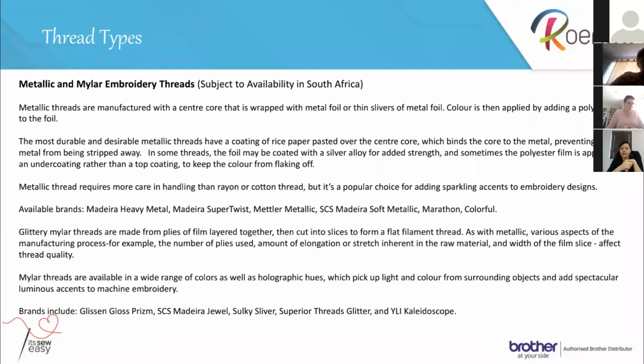With metallic threads, when you handle them, it requires a little bit more handling than your normal rayon and cotton thread. Sorry for that, the English and Afrikaans joining in my head here. But to work beautifully with the metallic threads, you can always have it stand at the back of your machine.